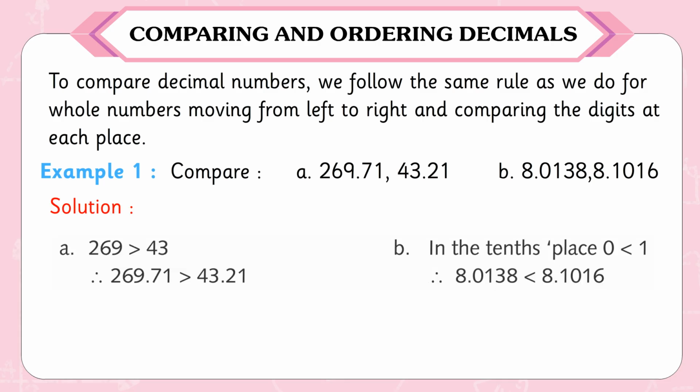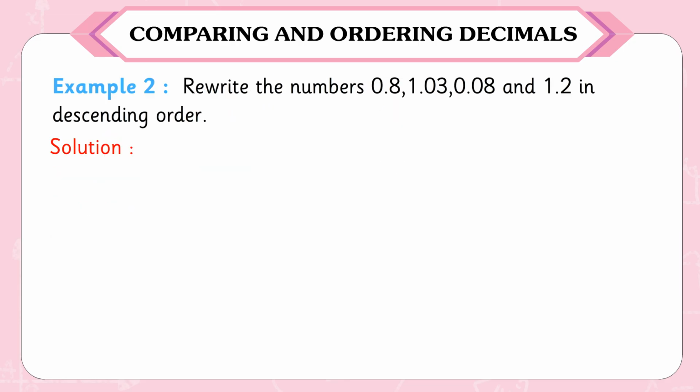Solution. A. 269 is greater than 43. So, 269.71 is greater than 43.21. B. In the tenths place, 0 is less than 1. So, 8.0138 is less than 8.1016.